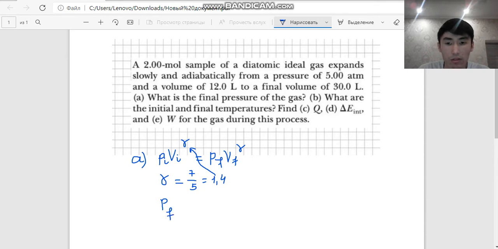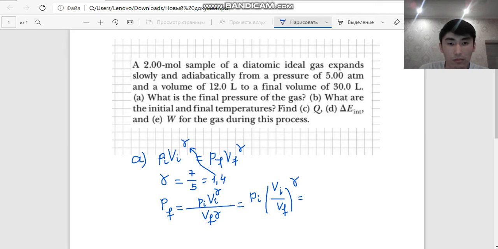Let's write the final pressure equal to P initial V initial gamma over V final gamma. Here there are two gammas, it means we can write it this way: V initial over V final, to the power of gamma.